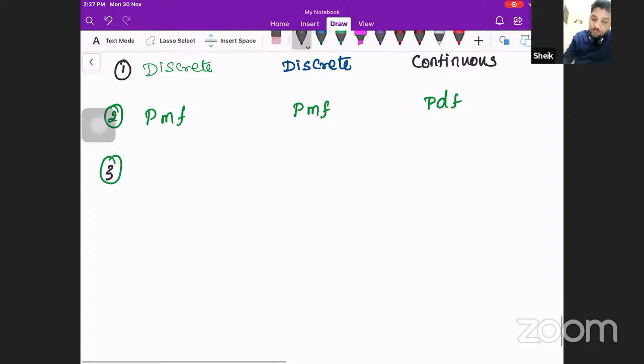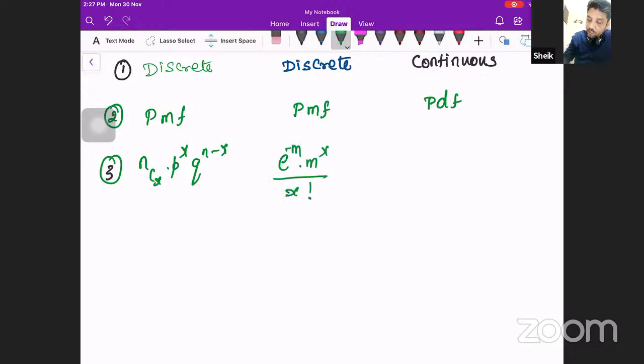For binomial, the probability mass function is nCx p^x q^(n-x). For Poisson distribution, the probability mass function is e^(-m) m^x divided by x factorial.